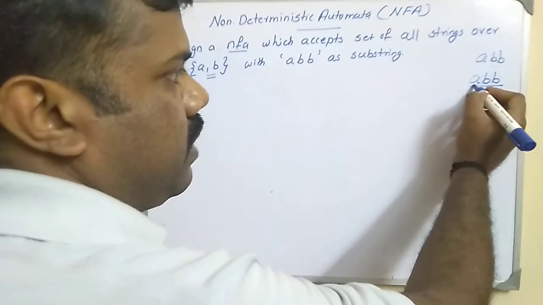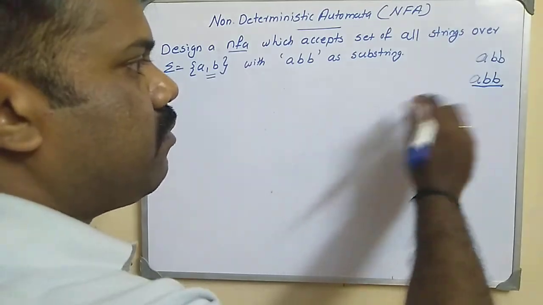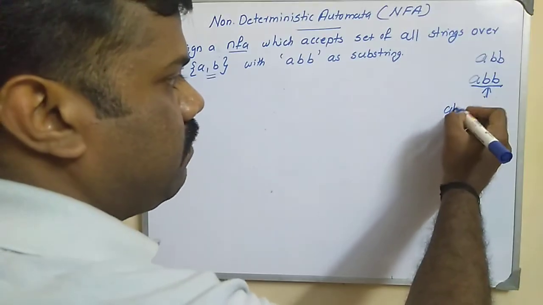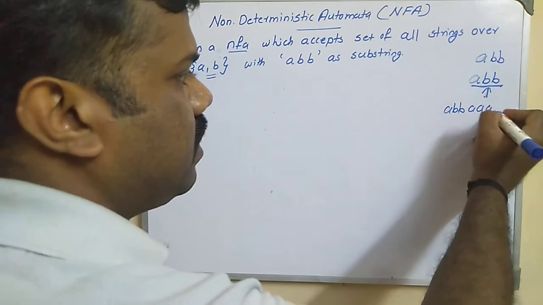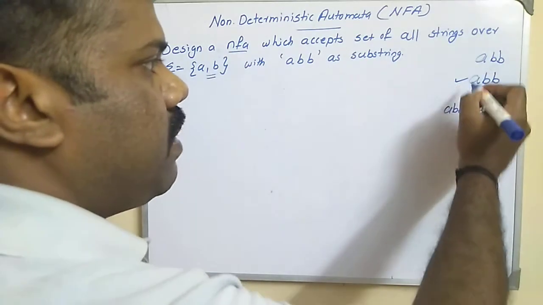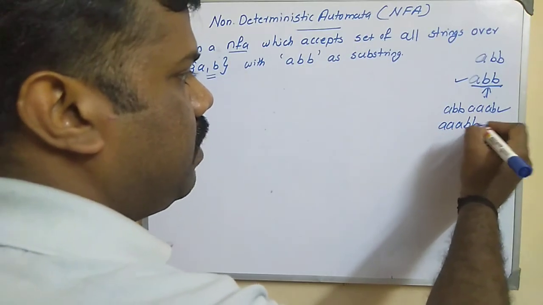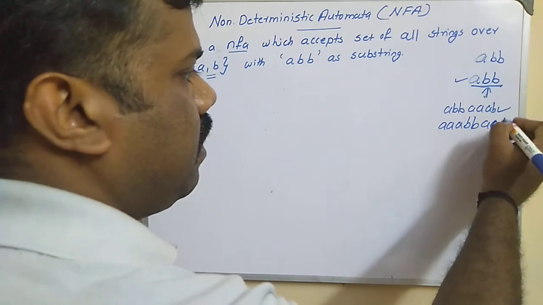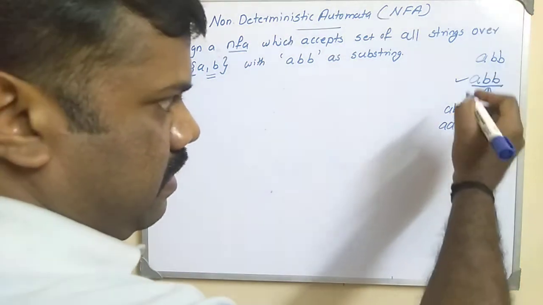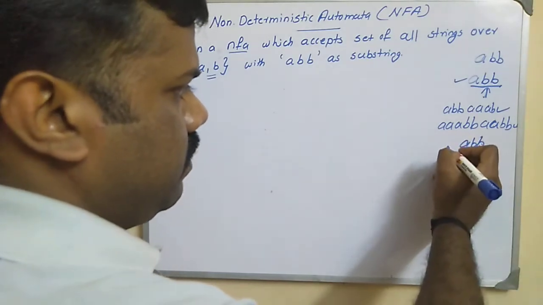Now think about the position of this ABB. It can be at the start of a string; if ABB is the start of a string, that should be accepted by this NFA. Now think about ABB at the end of the string; that can also be accepted. Further, ABB can be a substring in the middle, with several A's and B's before and after.